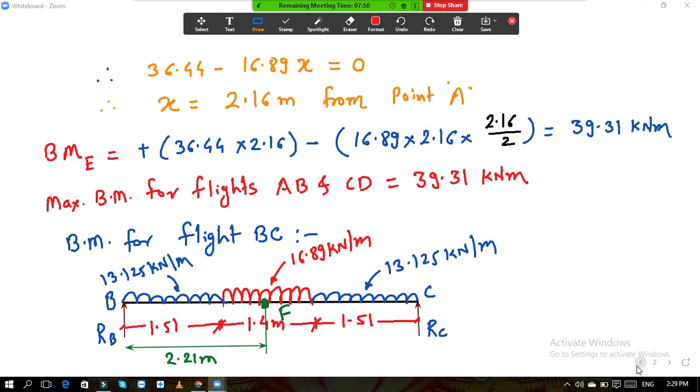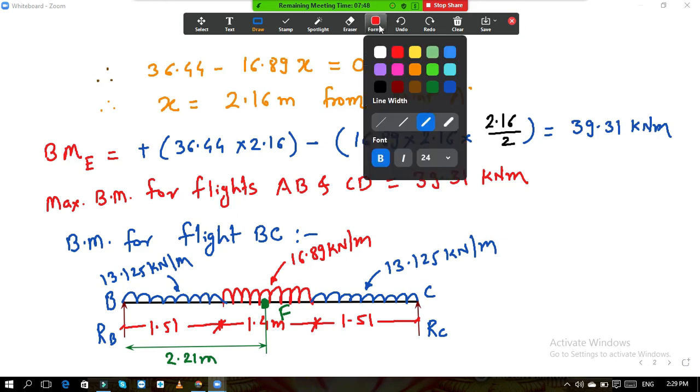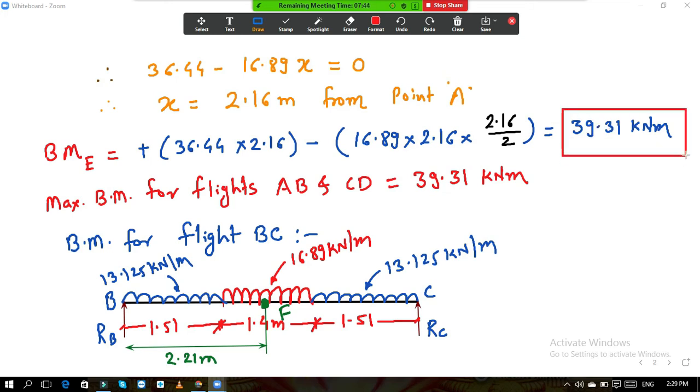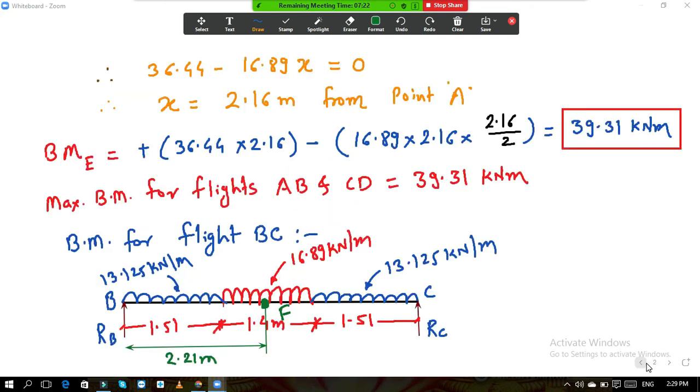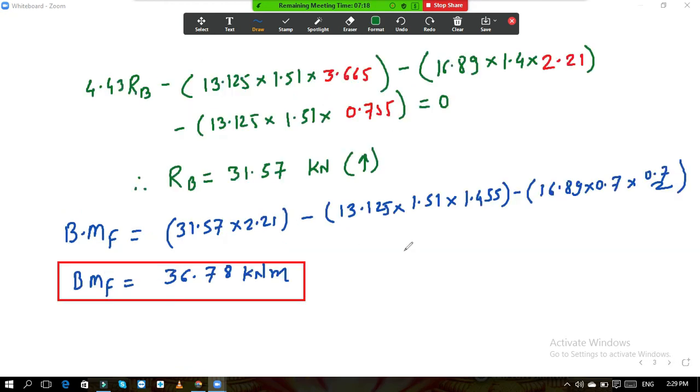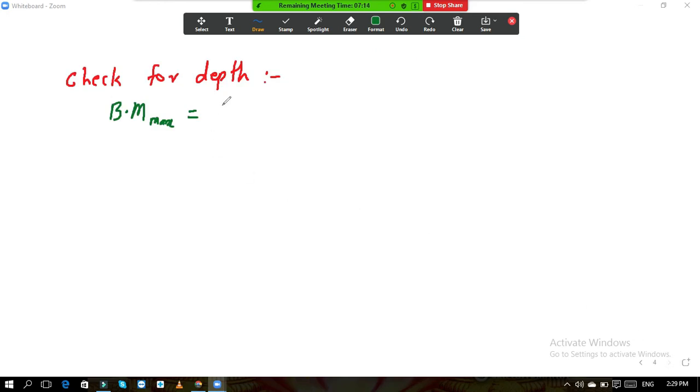The previous maximum bending moment is 39.31 kilonewton meter. 39.31 is the greater value. So here I can write bending moment maximum is equal to 39.31 kilonewton meter.